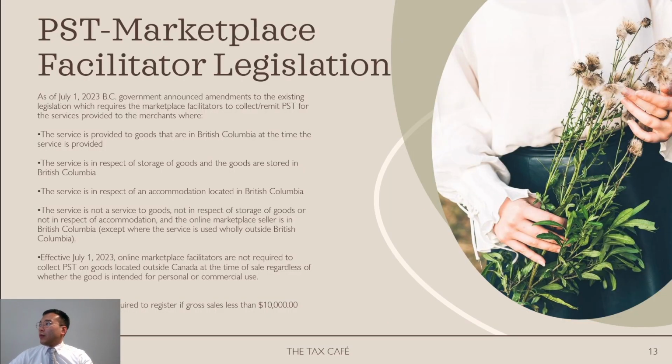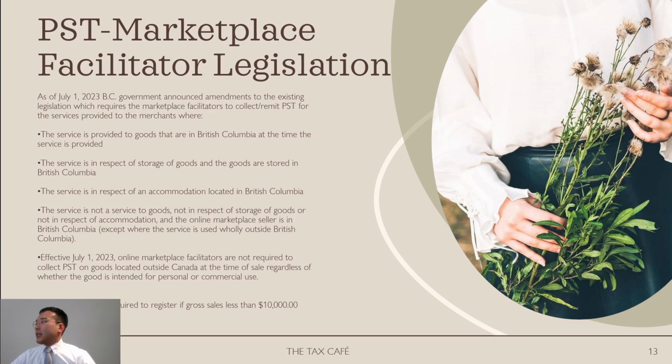Now, there is a new PST marketplace facilitator legislation that came into effect as of July 1st, 2023. The government has made an amendment. By the way, this is specifically for the BC government. I know that each province that has PST has probably come up with somewhat similar legislation. If you understand this slide, similar concepts of PST obligation will probably apply to the different provinces.